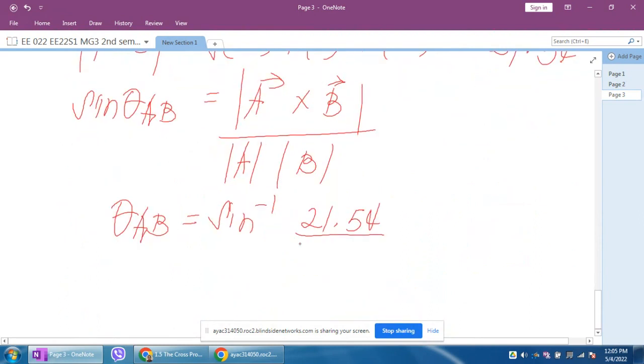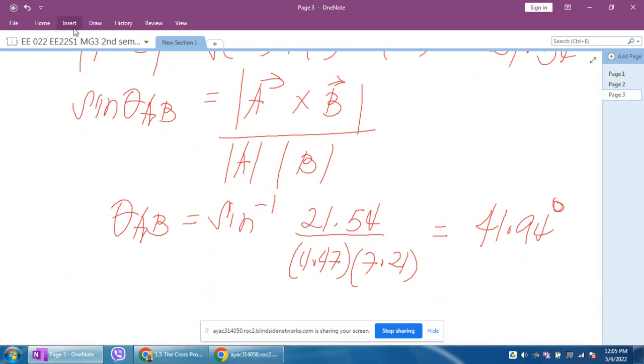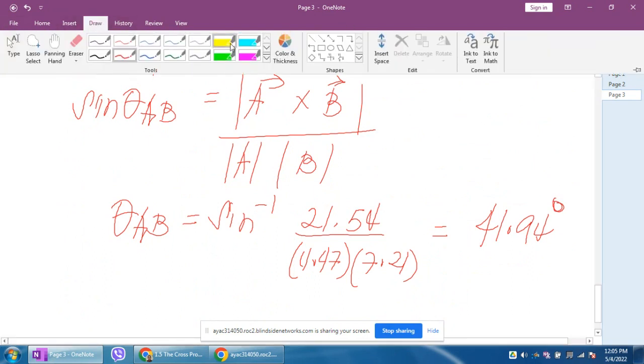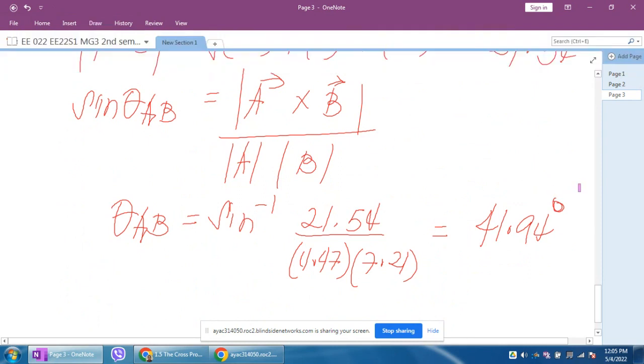So, this is 4.47 times 7.21. Solve. Ang makukuha po natin dito, 41.94. May konting difference, rounding of error lang po yun. But they are basically the same, 41 point something. Yun po yung angle between A and B.